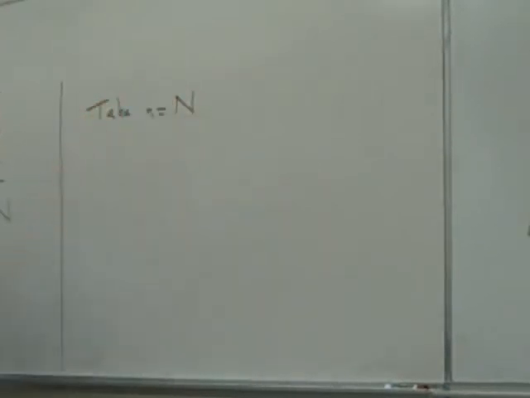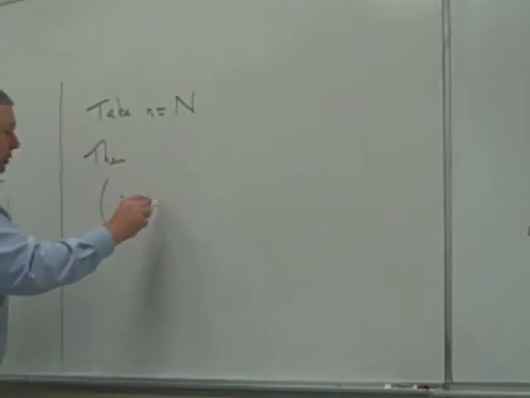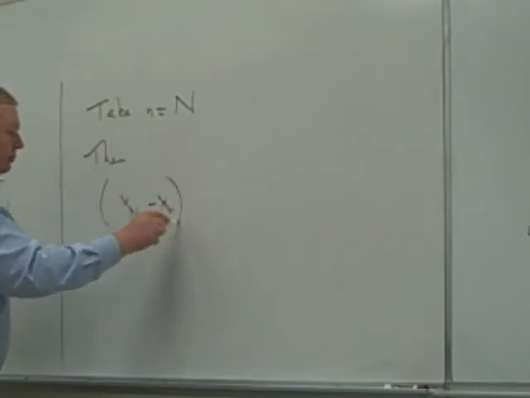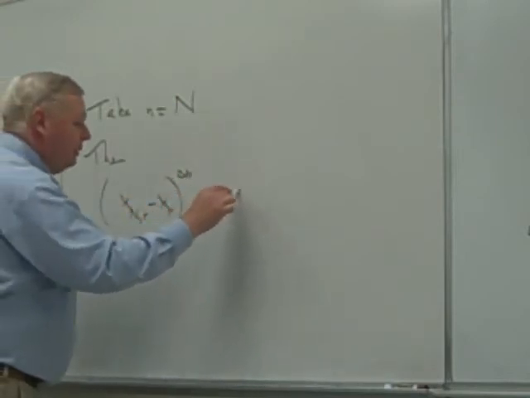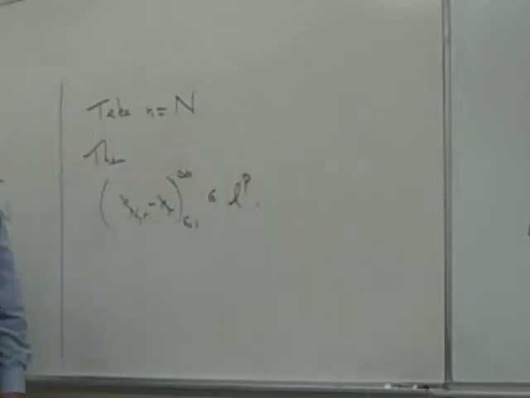So here's a value for which it's true. Take little n to be capital N. Then what this inequality says is that the sequence consisting of x capital N sub r minus x sub r, r equals 1 to infinity, is in little lp.